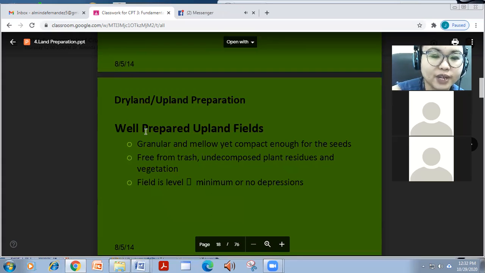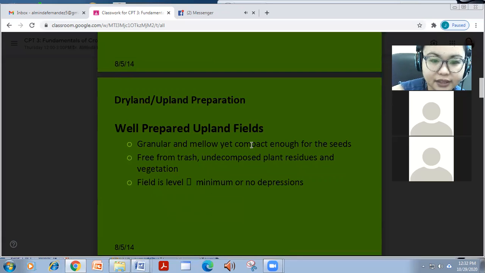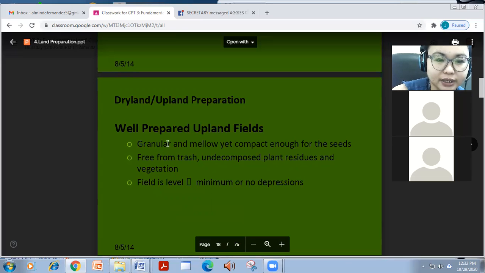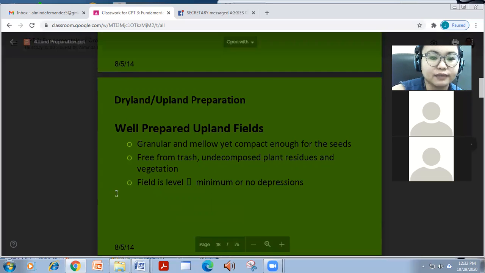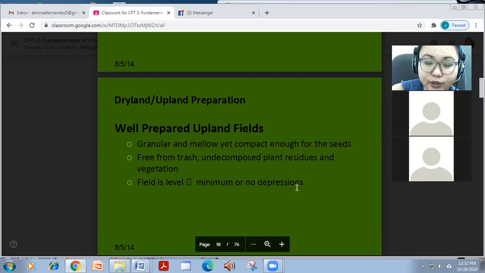And for very well prepared upland fields, these are the criteria if it's well prepared. It should be granular and mellow, yet compact enough for the seeds, and free from trash, undecomposed plant residues, and vegetation. And the field is also level or minimum or no depression.